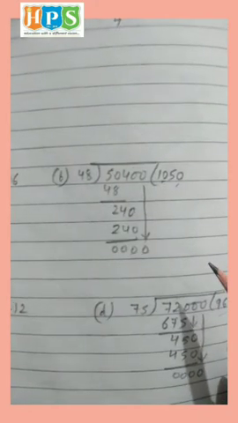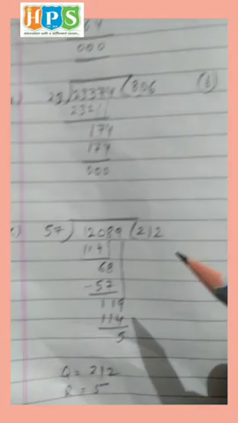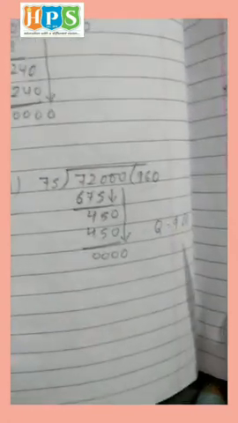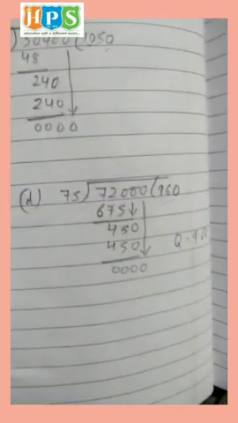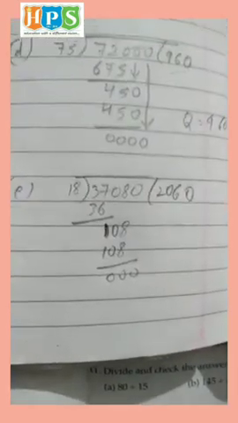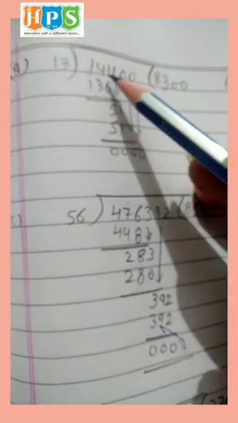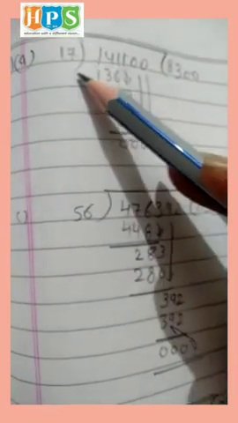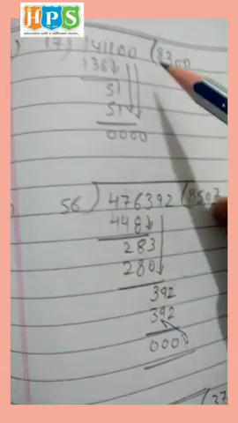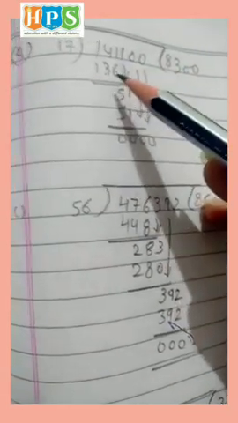9A, B, C, D and E. Question 10A. 141100 divide 17. 17 8s are 136.